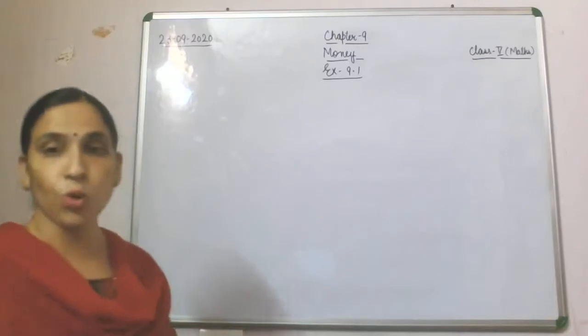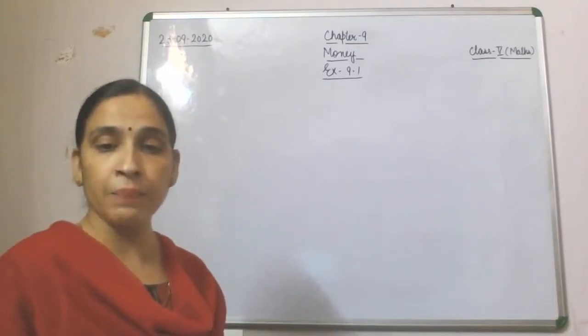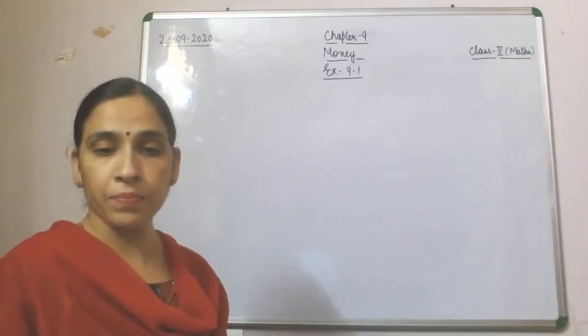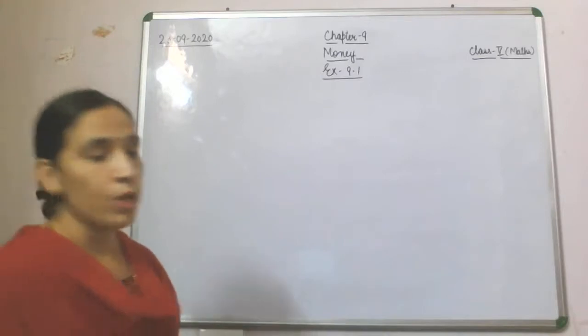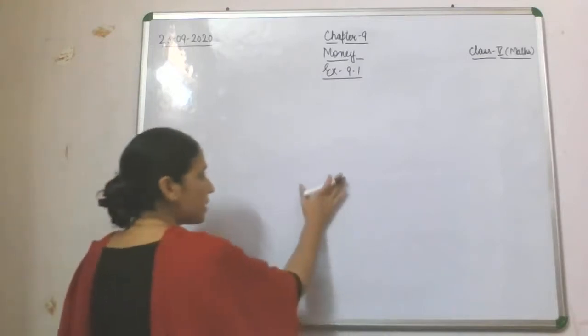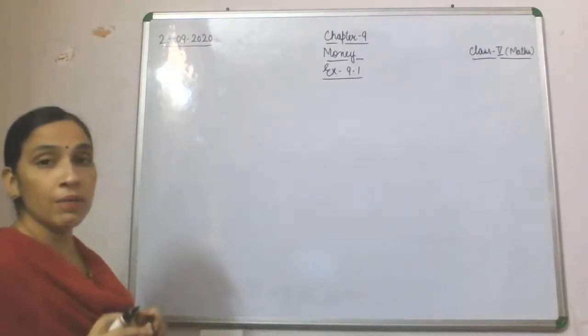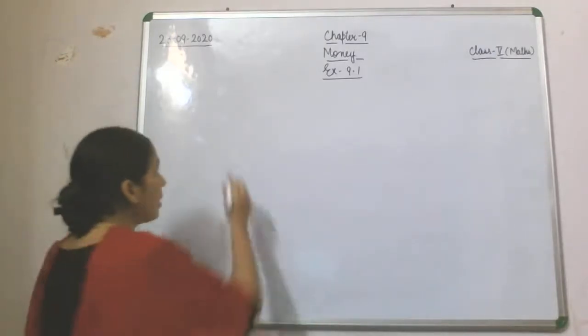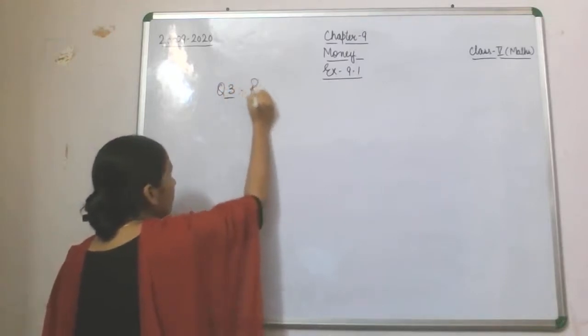So today we are going to start with the third question of the exercise, that is rewrite in rupee and paise. This same question which I have given you just now, that only we will do in this third question.